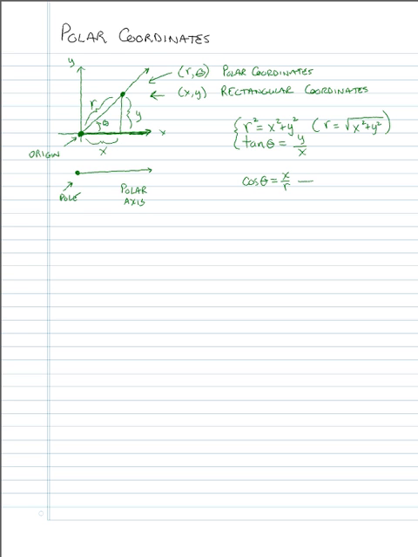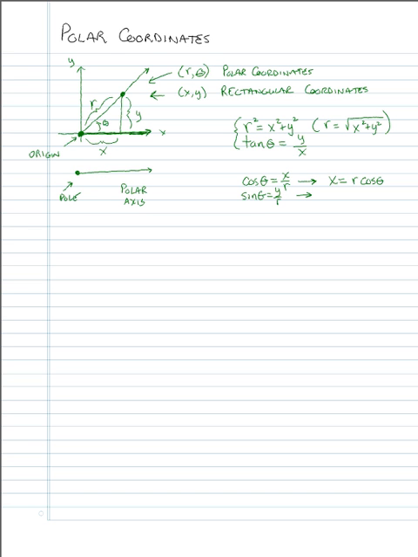What we can do from that is multiply both sides by r, and we would get r cosine theta is equal to x, or more importantly, x is equal to r times the cosine of theta. In a very similar fashion, look at this: the sine of theta is opposite over hypotenuse, so that's y over r.